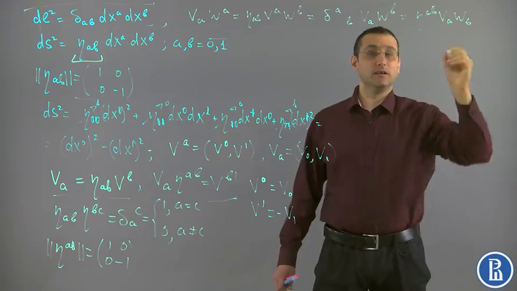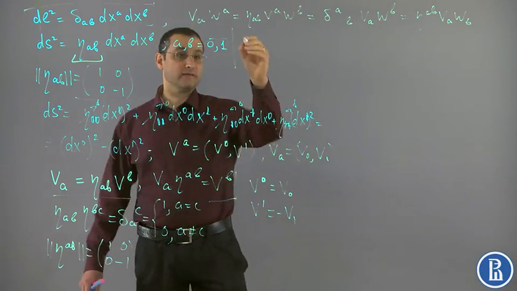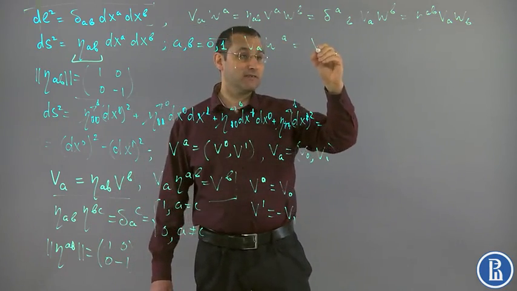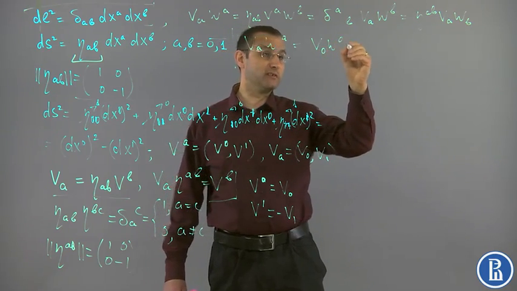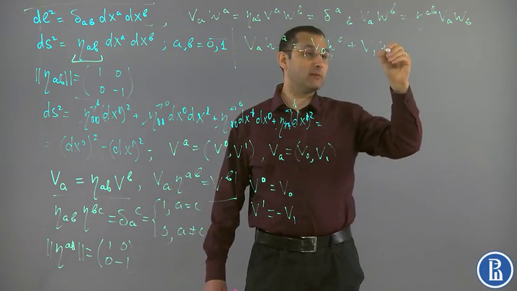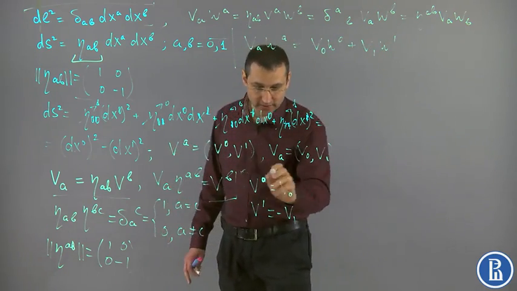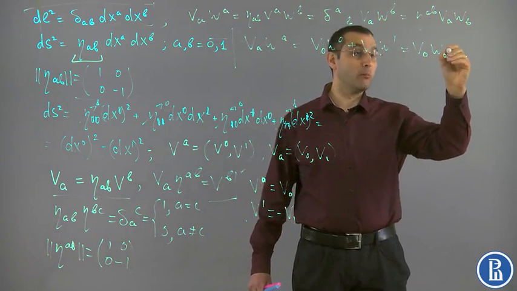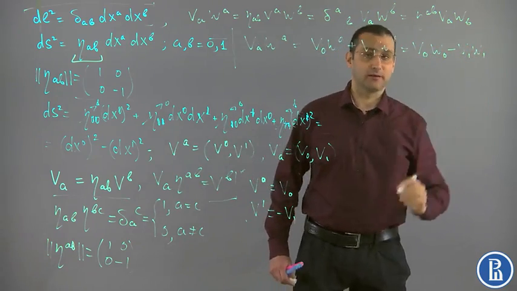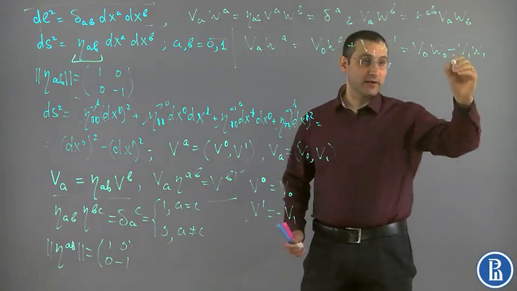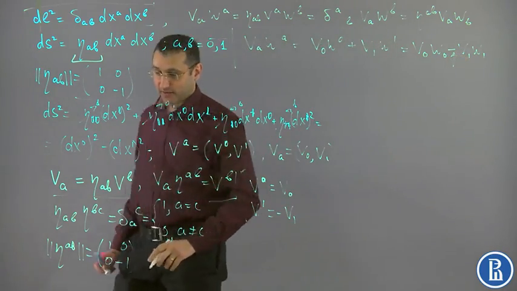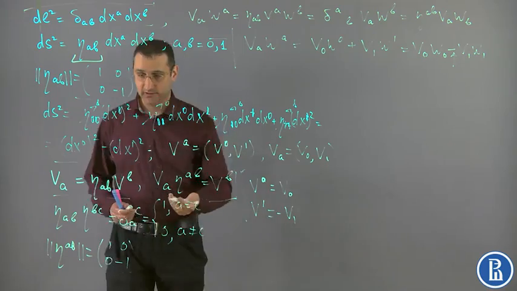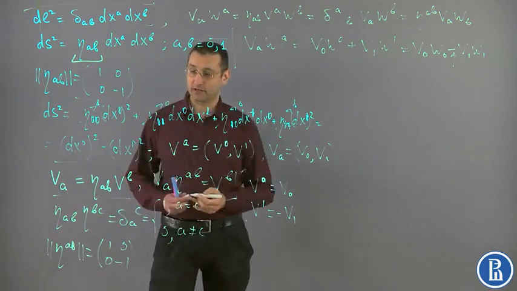In any case, V_A V^A is the same as V_0 V^0 plus V_1 V^1. But at the same time, using this relation, this is equal to V^0 V^0 minus V^1 V^1. And this minus sign is very crucial, because of this minus sign, this bilinear form is invariant not under rotations, but under hyperbolic rotations, so-called Lorentz transformations.